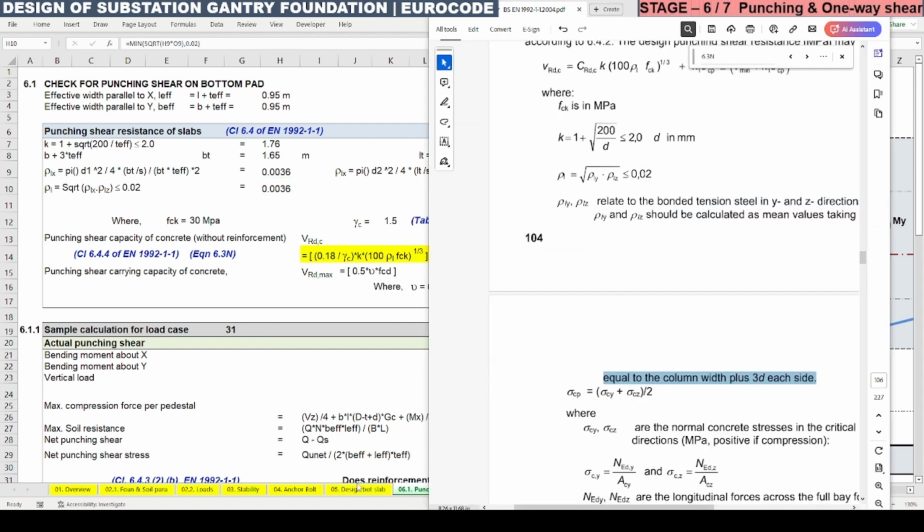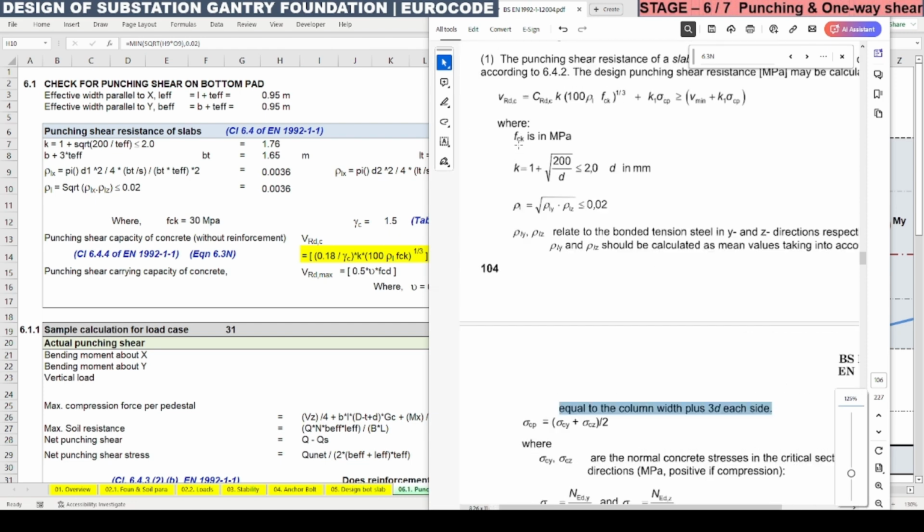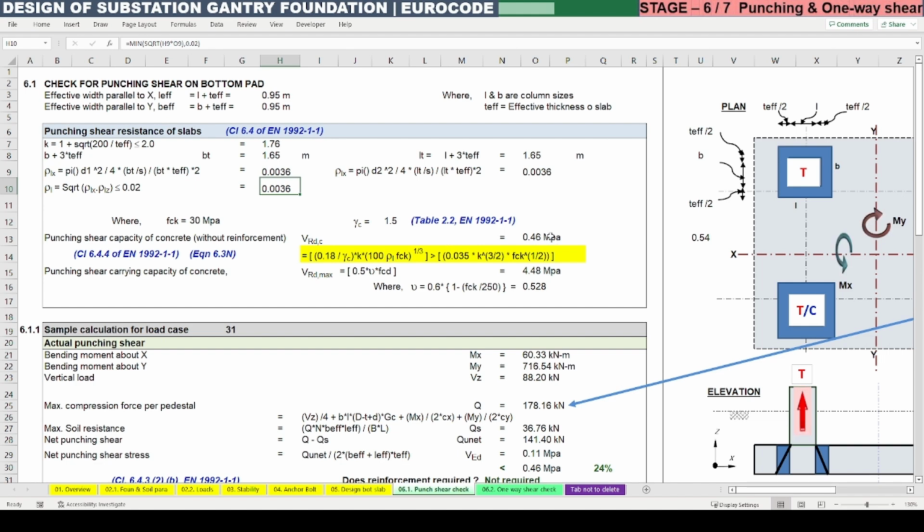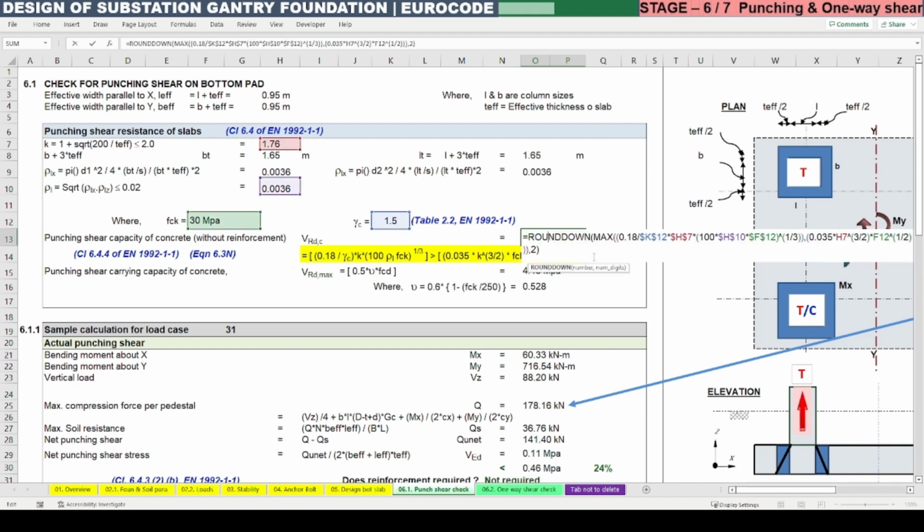So now we are applying all these values in this equation. 0.18 divided by gamma C, into K which is 1.76 here, into 100 into rho l which is 0.036, multiplied by fck which is 30 power 1 by 3, which should be greater than the other one.